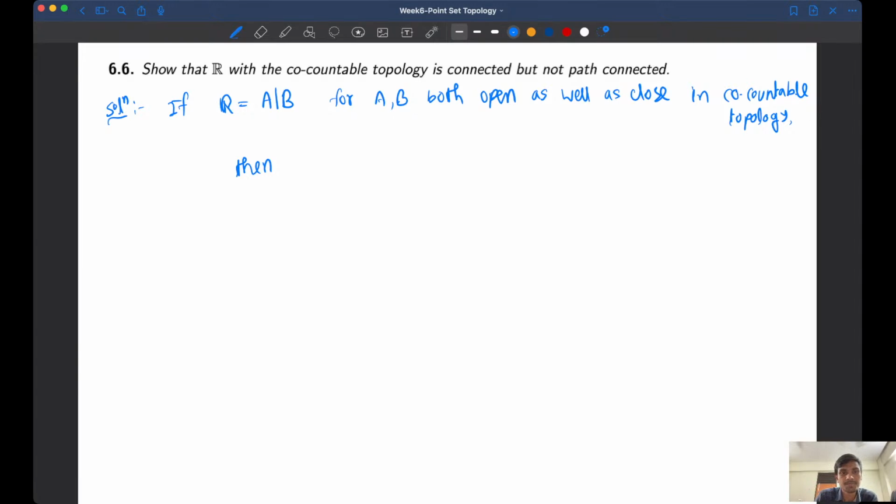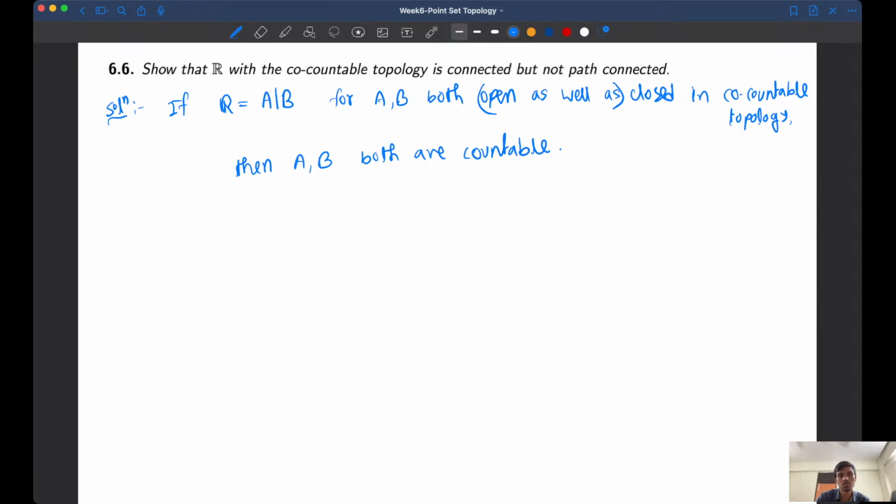So then A, B both are countable. Openness I don't need; in this case I use that both A, B are closed. So then A, B both are countable, but then I'm writing an uncountable set, R, as the union of two countable sets. The union of two countable sets is always countable.